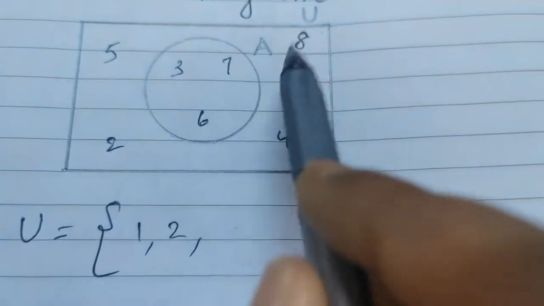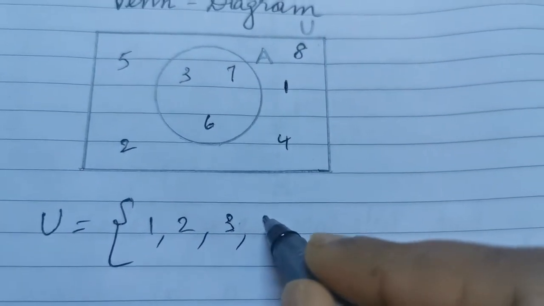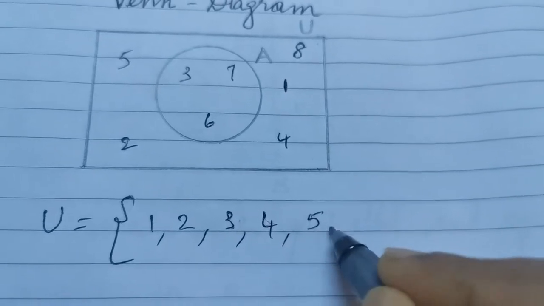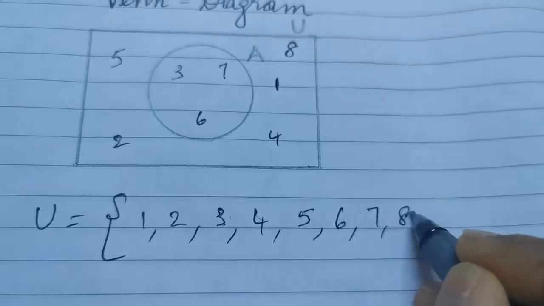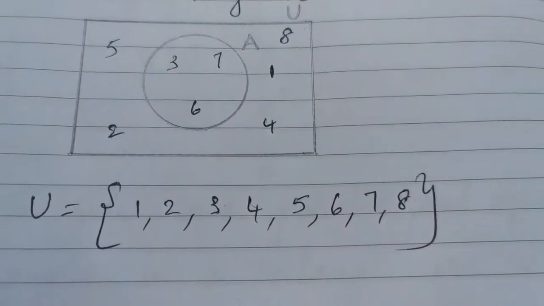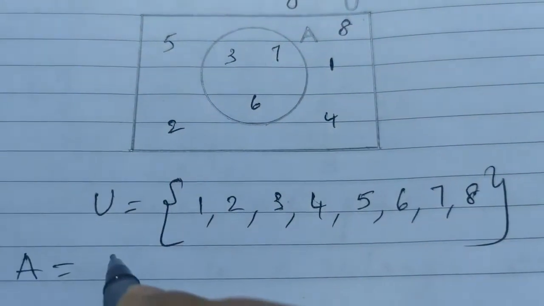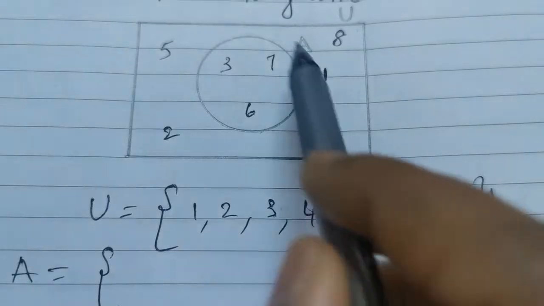The circle also belongs to the universal set. 3, 4, 5, 6, 7 and 8. So totally I have 8 elements. Now to write down the elements of set A, I will look only into the circle.